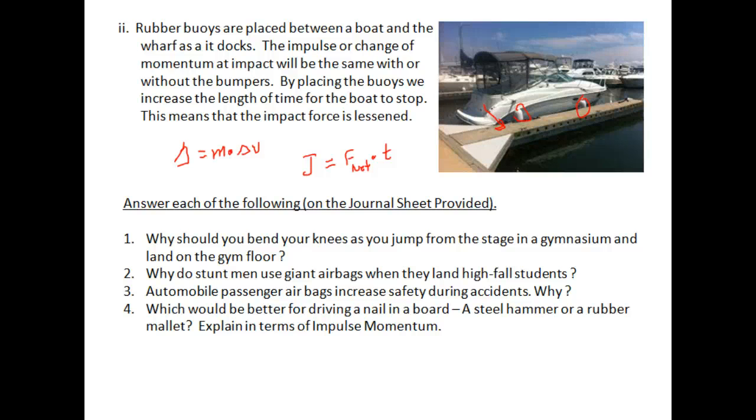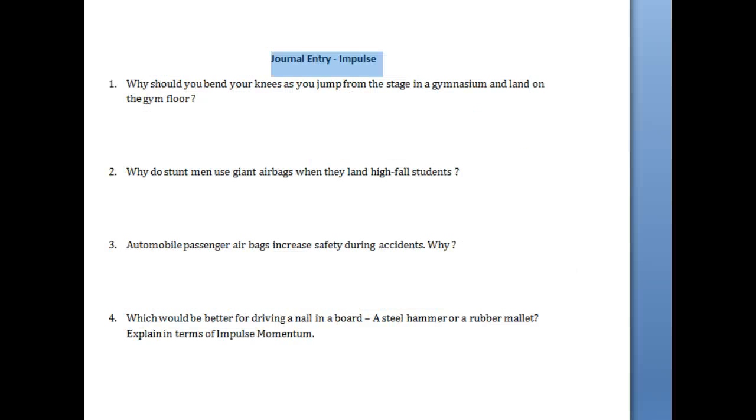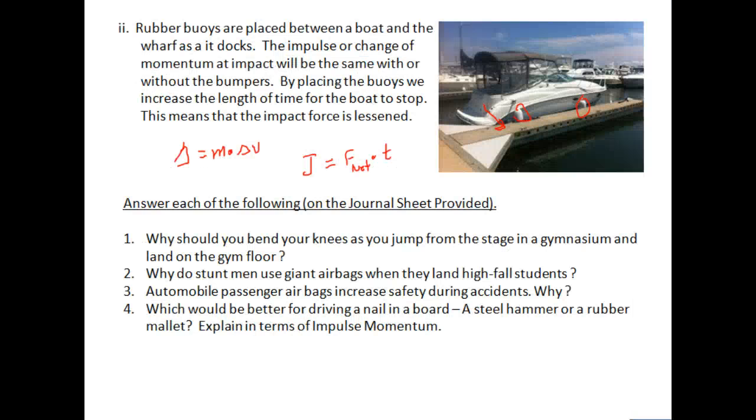What I want you to do now, you can pause the video and answer each of the following journal questions, and you can answer these on the sheet provided. So you should have this sheet given to you. Why should you bend your knees as you jump from the stage in a gymnasium and land on the floor? Why do stuntmen use giant airbags when they land high-fall stunts?